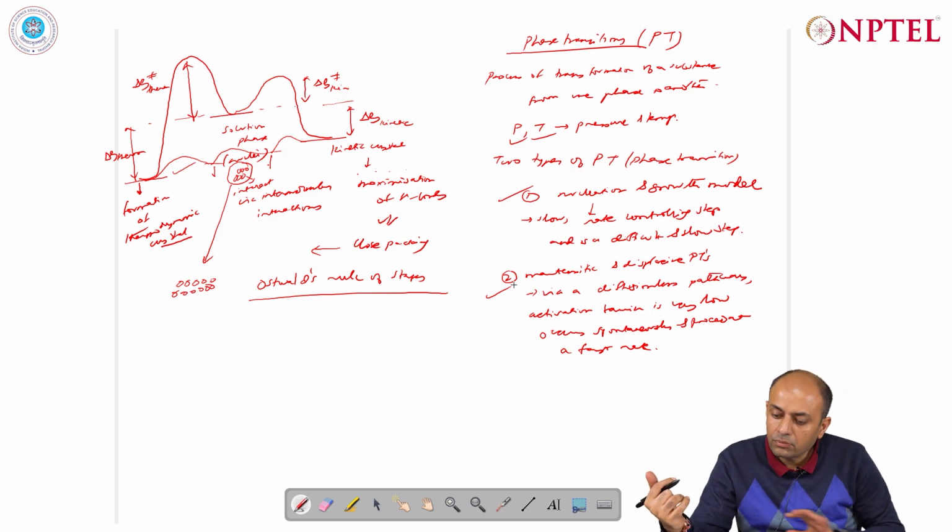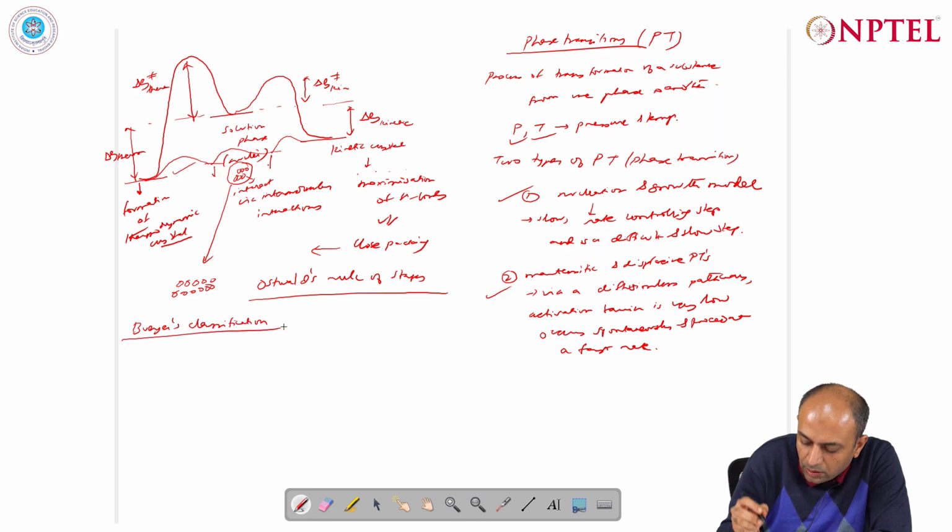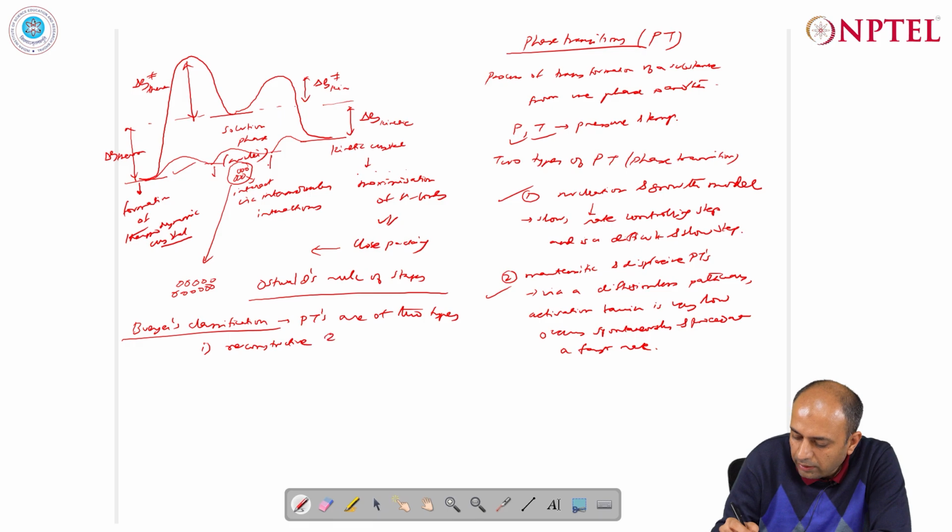And then what was also proposed at that time by a famous scientist called Berger, that phase transitions, according to Berger's classification, are of two types. We have the reconstructive and we have the displacive phase transition.